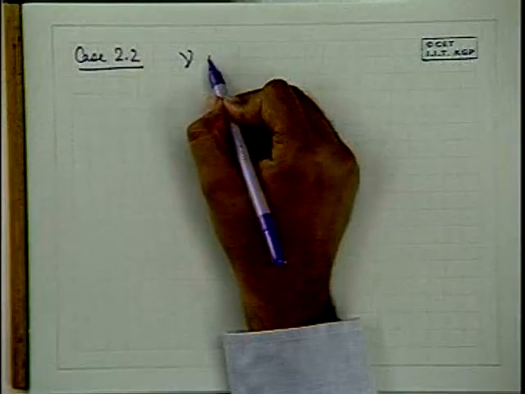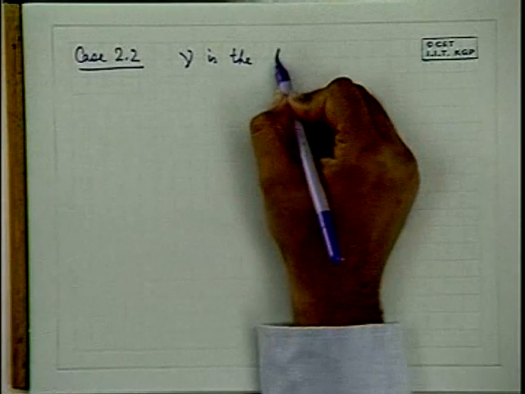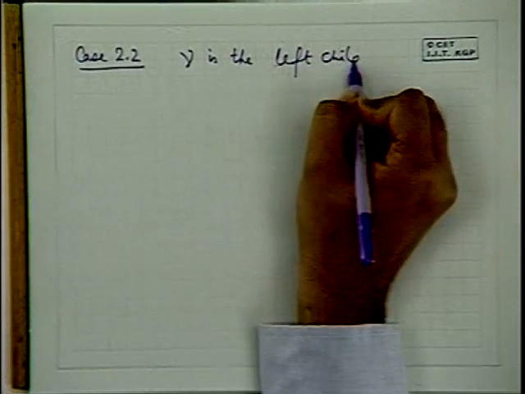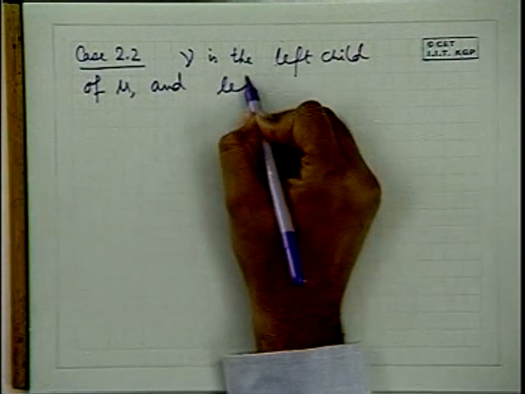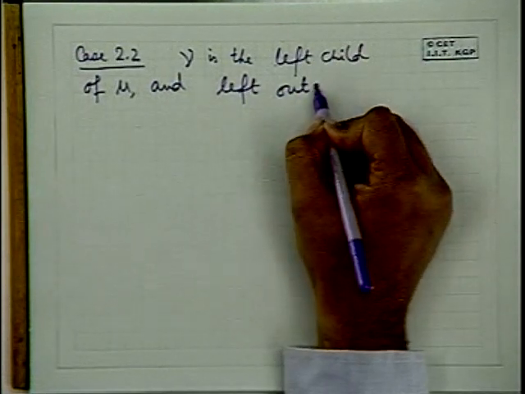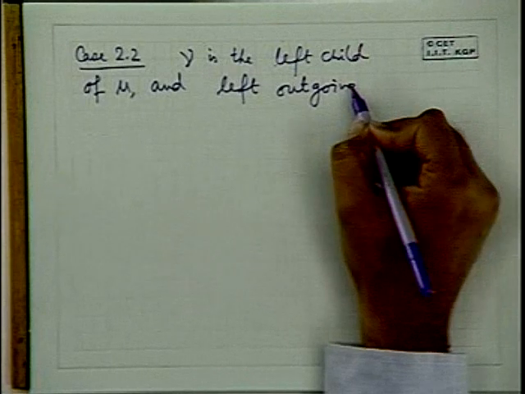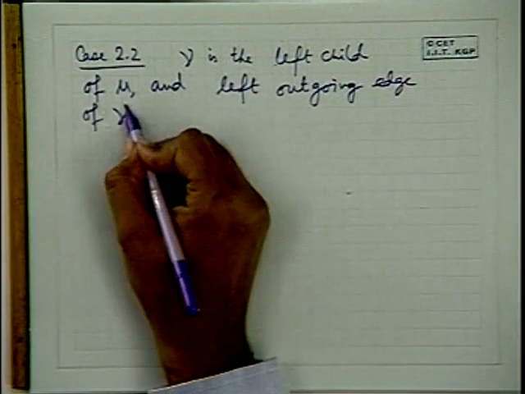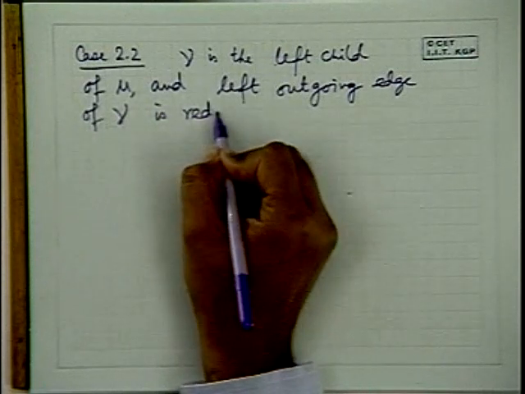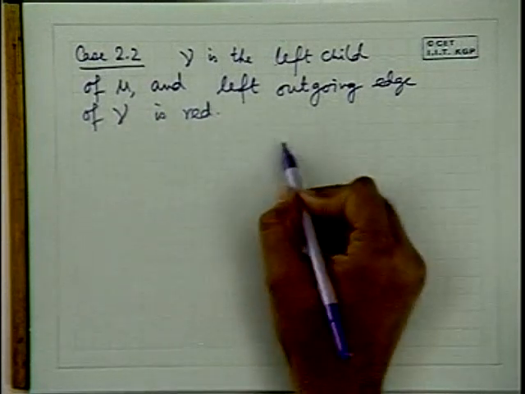So nu is the left child of mu, and the left outgoing edge of nu is red.